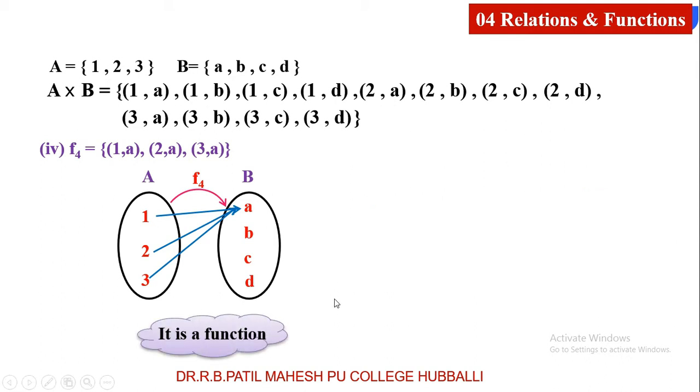Dear students, a function is a relation from A to B. All elements of set A should have one and only one image in the set B. Then it is called a function.